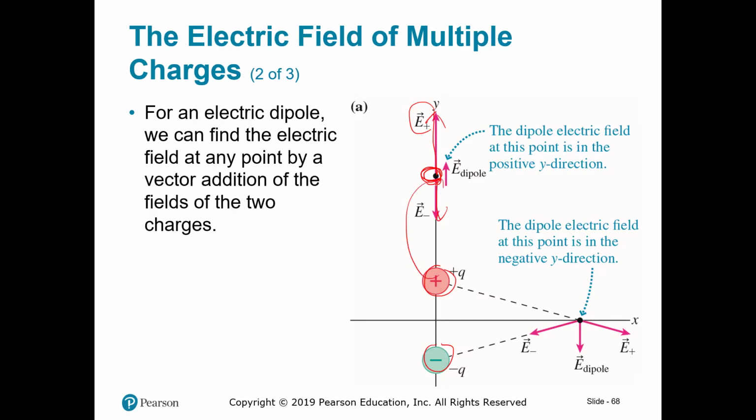But again, this proton is closer, so the net electric field is upward. And how about this point? The electric field due to this proton is away from the proton, and this is toward it. So the net electric field is a vector sum of these, which is downward.